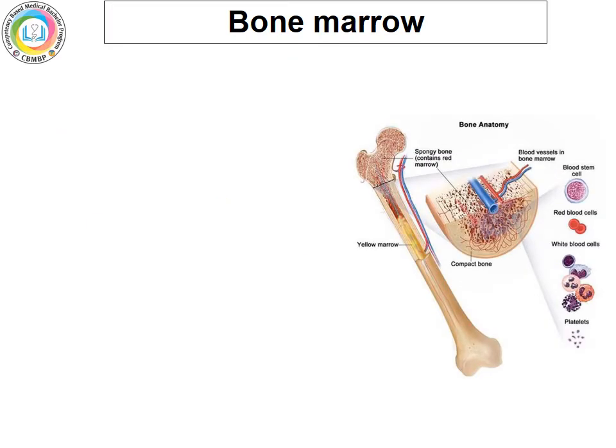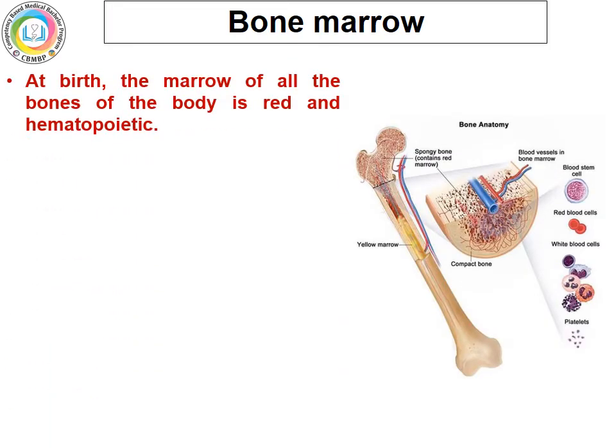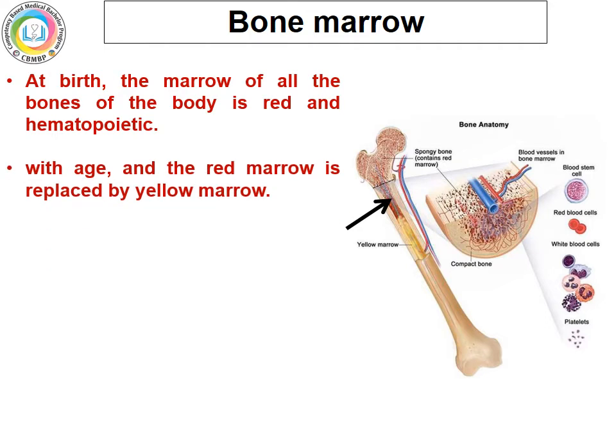Bone marrow. What is the bone marrow? At birth, the bone marrow is inside the bone, inside the cancellous bone, and inside the tubular shaft of long bone. At birth, all the bone marrow of the body is red, for formation of the blood, hematopoietic. But with age, the red bone marrow is replaced by yellow marrow by the entrance of fat cells inside it.